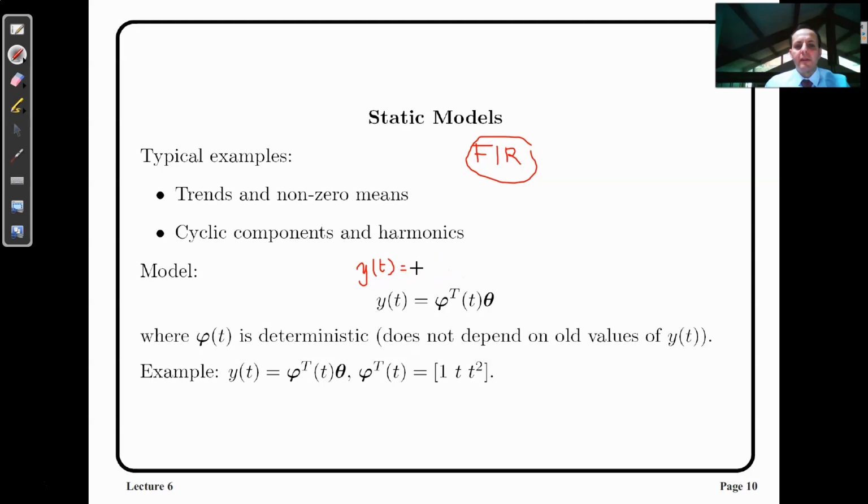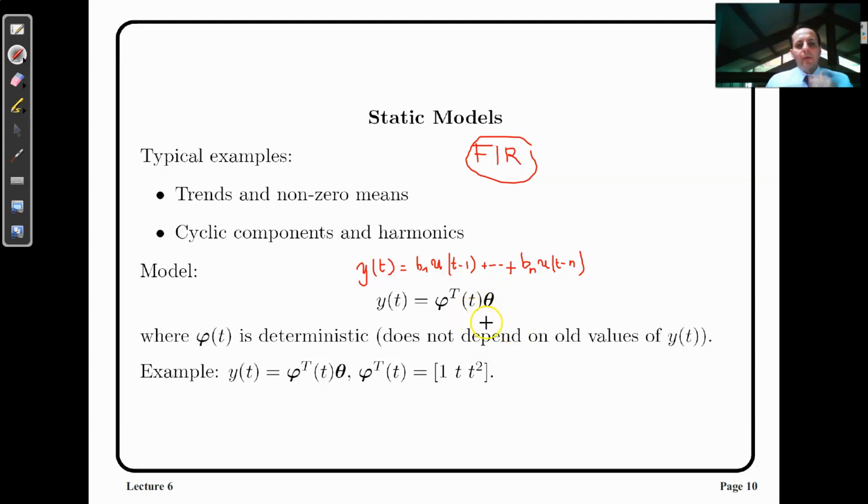In general it is something like this: b1 multiplied by u(t minus 1) plus ... plus bn u(t minus n).